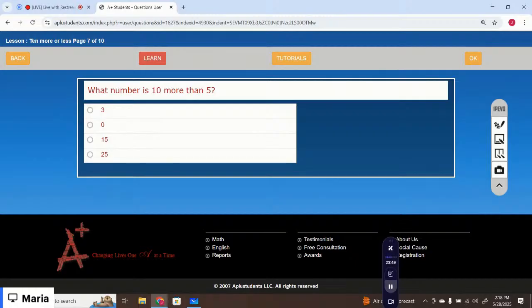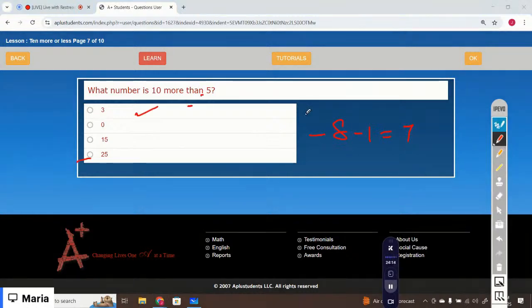What number is 10 more than 54? So 10 more than 5 is... add 1 to the tens digit. The tens digit in 5 is 0.